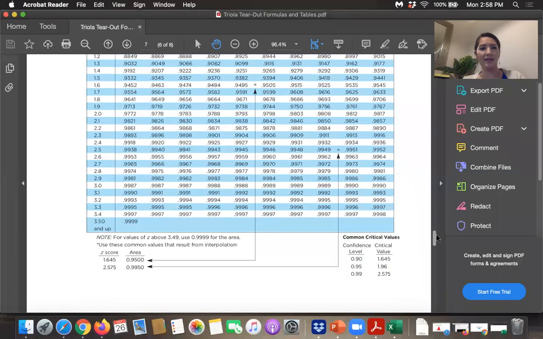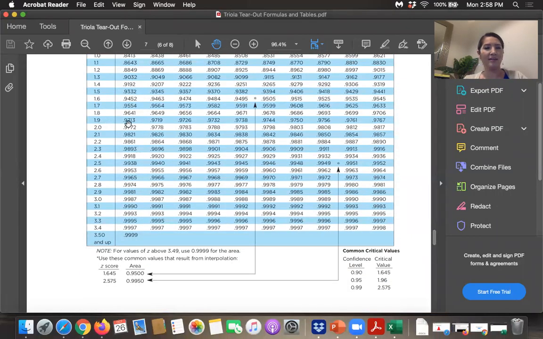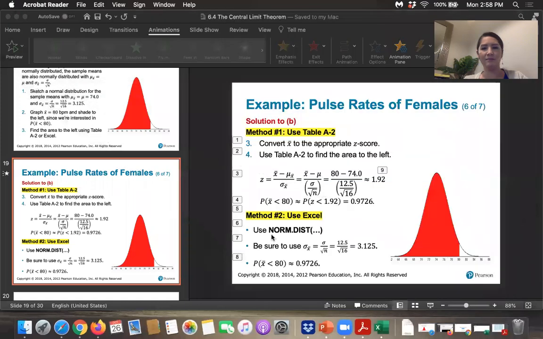So go to 1.90, 1.91, 1.92. And then we see right there, that is the area associated with 1.92, 0.9726. So that's how we would do that using table A2.